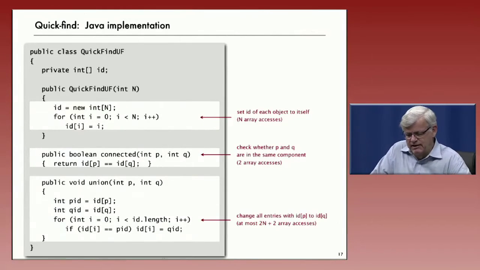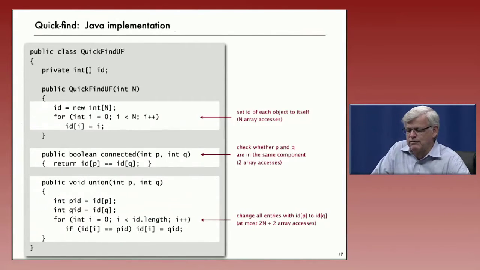The more complicated operation to implement is union. And there we find first the ID corresponding to the first argument, and then the ID corresponding to the second argument. And then we go through the whole array looking for the entries whose IDs are equal to the ID of the first argument and set those to the ID of the second argument.